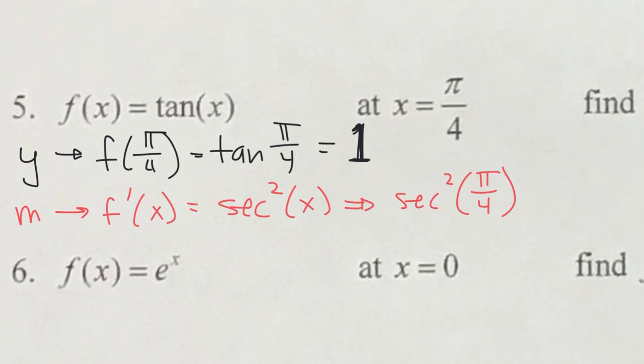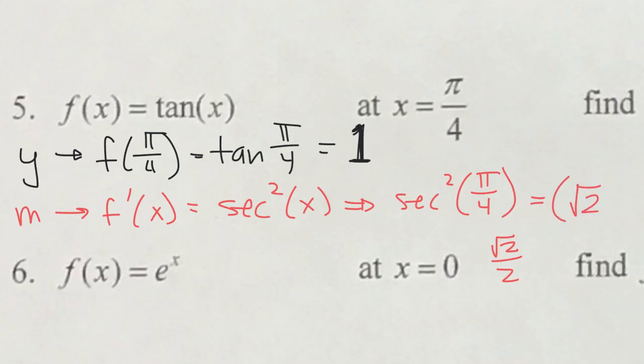Right? Secant is the reciprocal of cosine. I know the cosine is root 2 over 2 at pi over 4. So then what's the reciprocal of root 2 over 2? It reduces to just root 2. So the secant at pi over 4 is root 2.